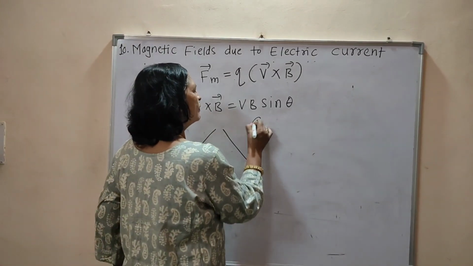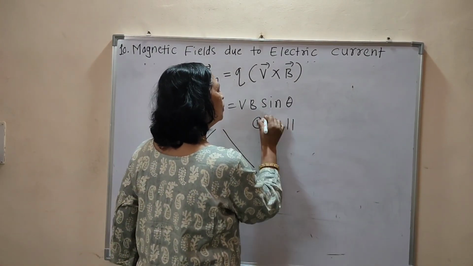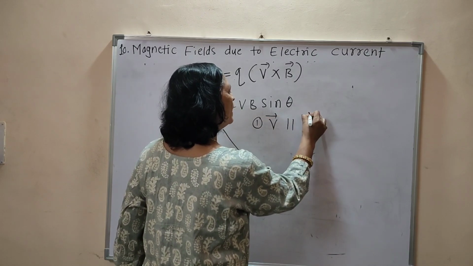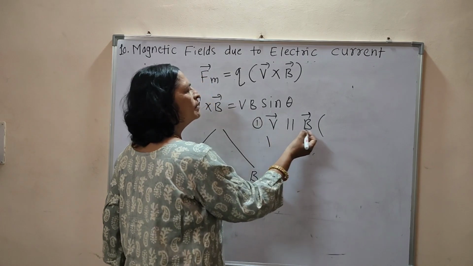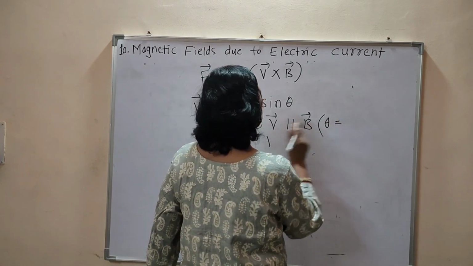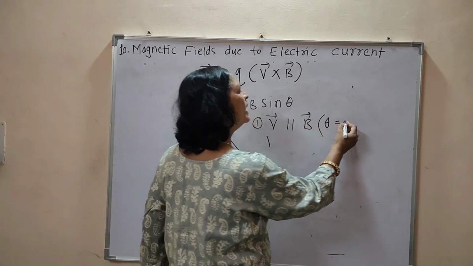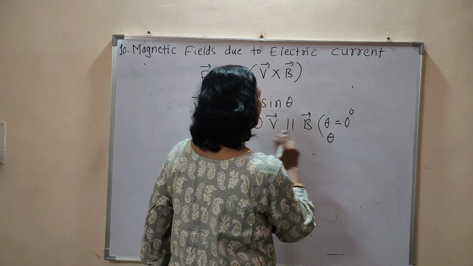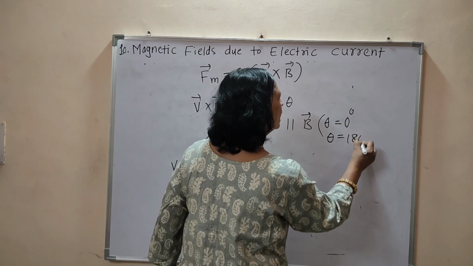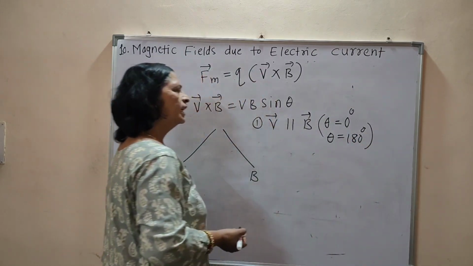First, when vector V is parallel to B, theta equals 0 degrees, and when V is anti-parallel to B, theta equals 180 degrees.